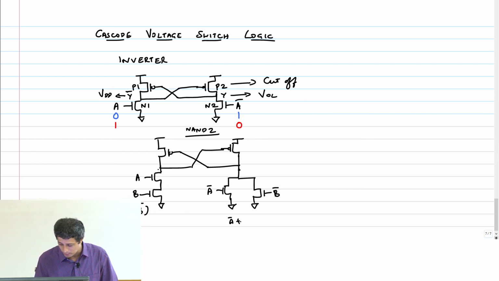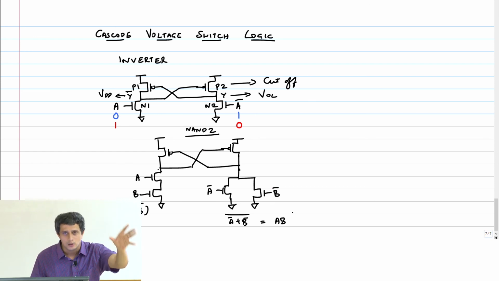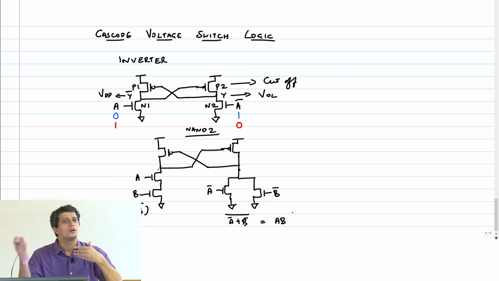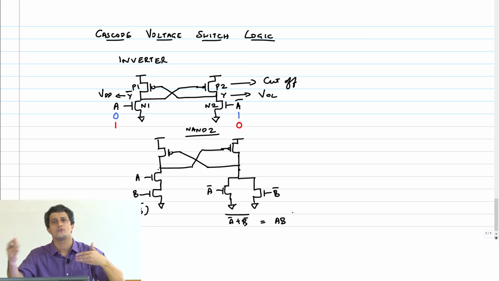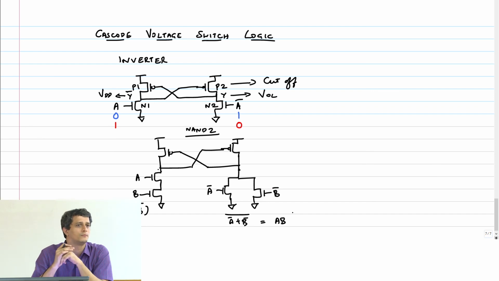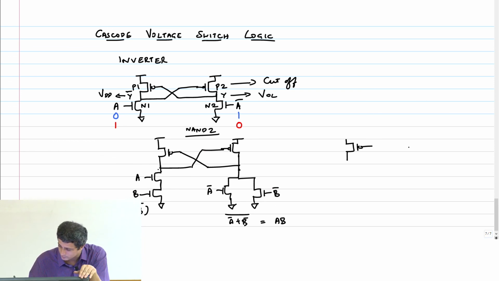It is A bar plus B bar whole bar, which is equal to AB. So you implement true logic on one side and the complement logic on the other side, then you will be guaranteed that one of these stacks will be turned off always, right? And this cross coupling will take effect and it will cut off the other guy very easily. Okay, so in general, you got to implement this.